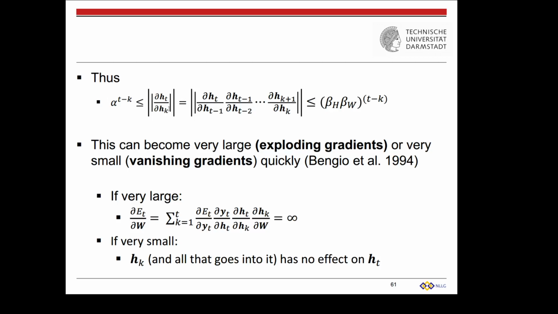So what it means is that h_k has no influence on h_t. h_k is the hidden state at time step k, and h_t is the hidden state at time step t.